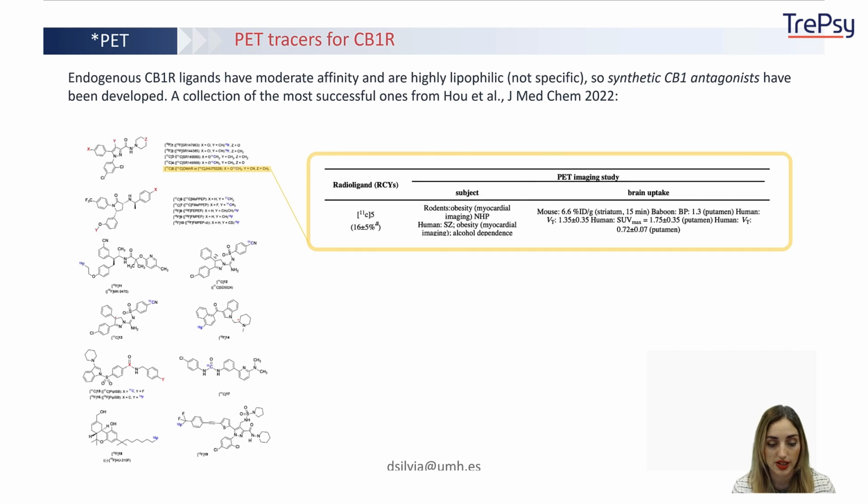I would like to stress a couple of them, which according to the authors are the most promising. The first one is based on carbon, and as you see, its efficacy has been proved in rodents, also in non-human primates, up to humans, and also in pathologies, and it has quite a good brain uptake, as is reported in this table.